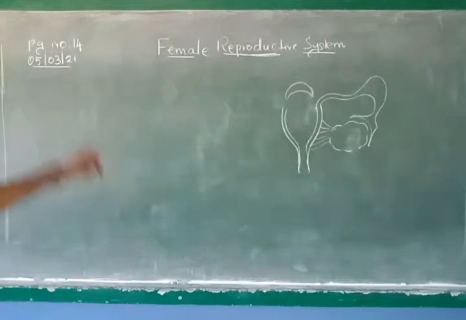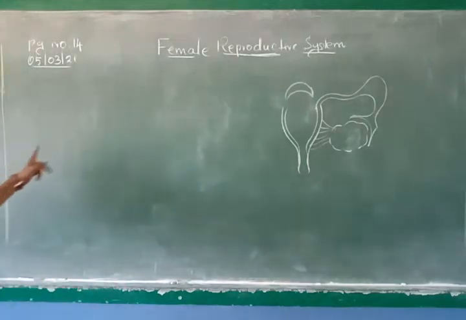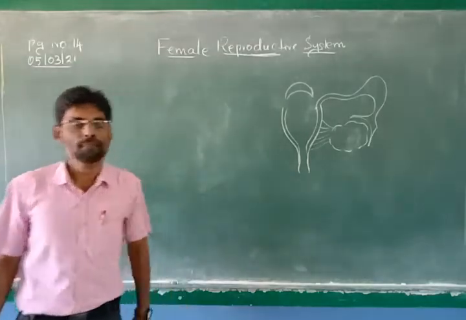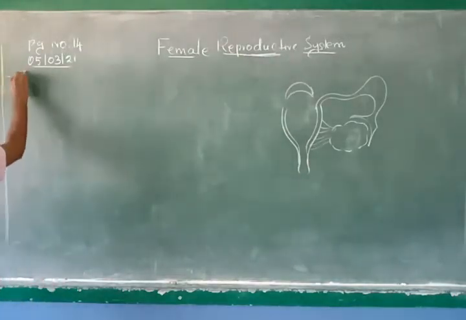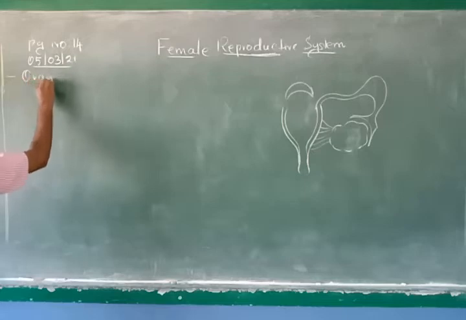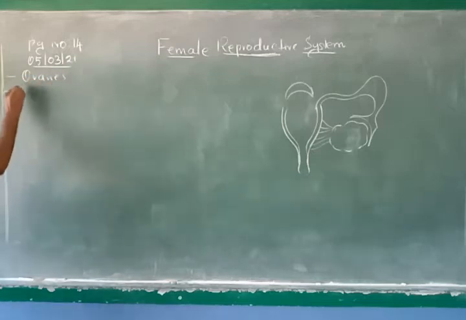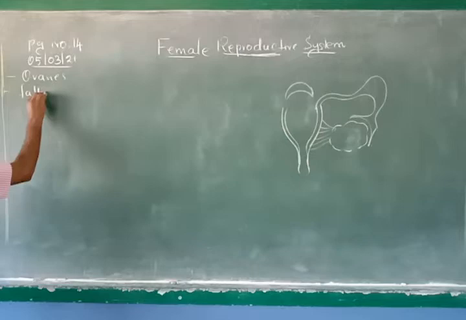Okay, right. So now the last part of the human reproductive system is the female reproductive system. When you talk about the female reproductive system, we are going to talk about various parts in it. First, the ovaries. The second one is the fallopian tube.